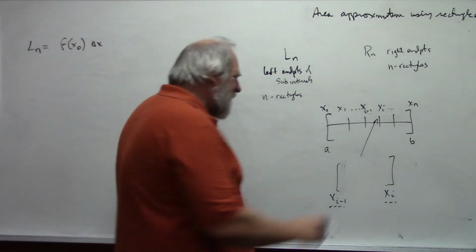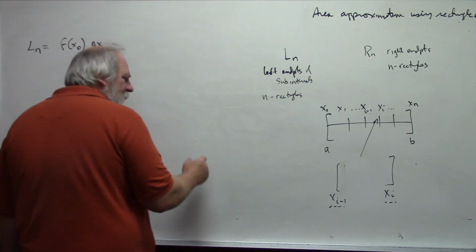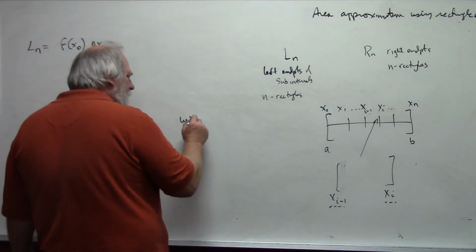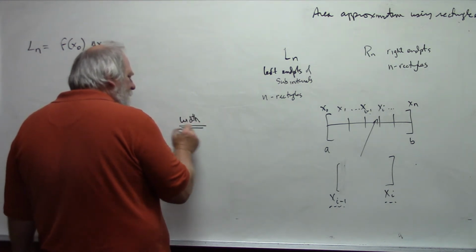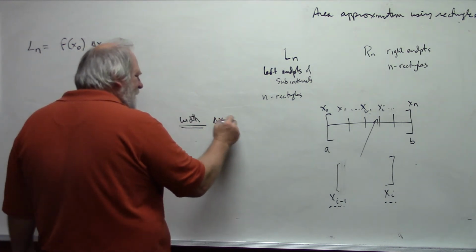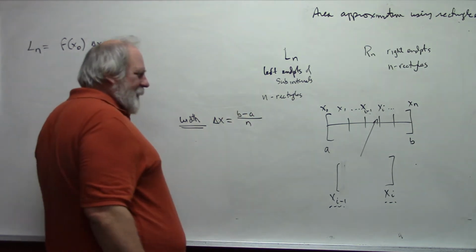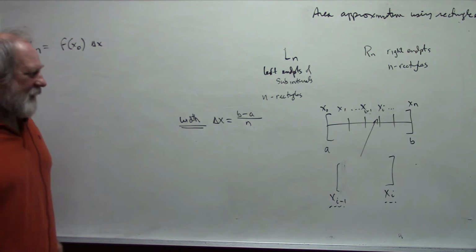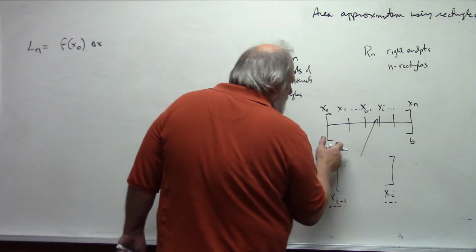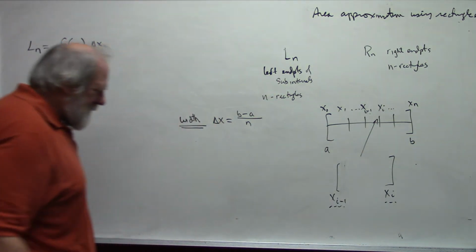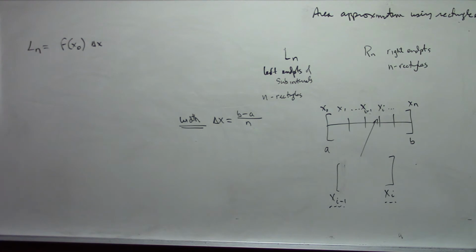Delta x is the width of the rectangle. We label delta x, and that is just (b minus a) over n. I take the overall distance and divide it by n. That gives me the width of each rectangle, and they're all the same.